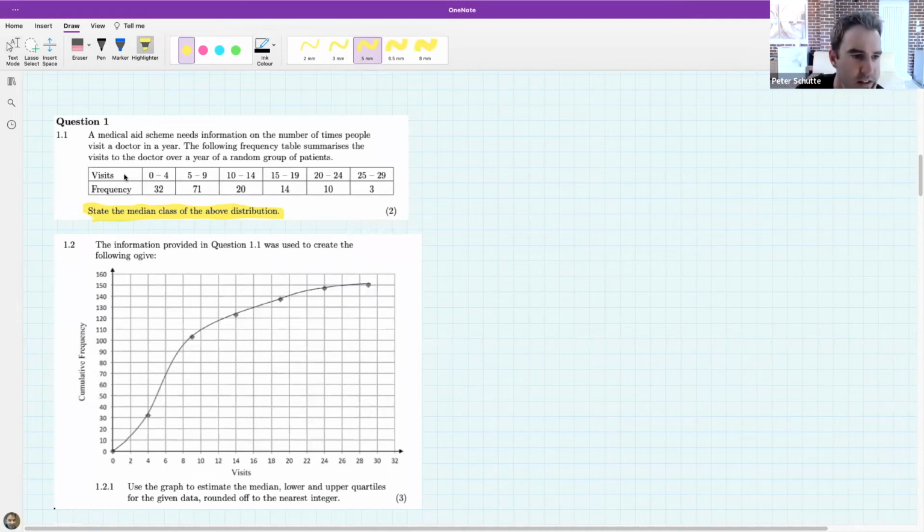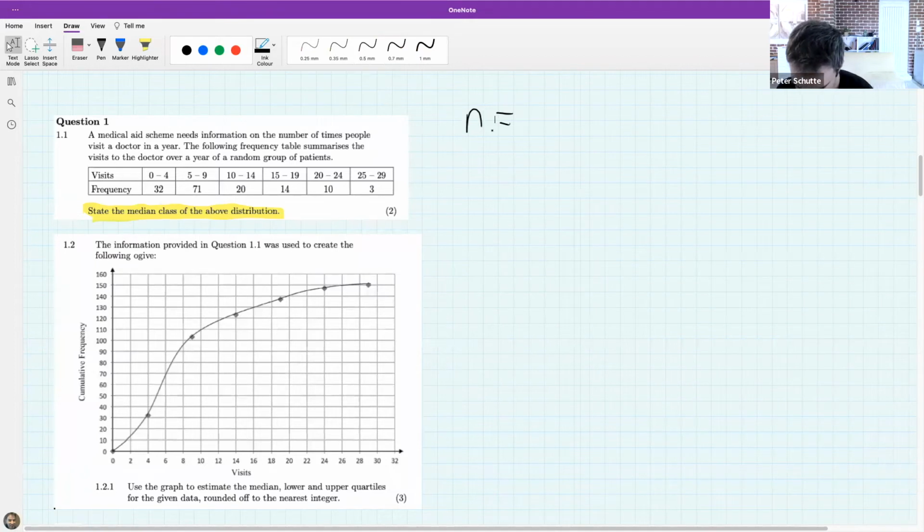In order to find the median class, I'm going to have to get the n value, like how many items of data are involved. I'm actually going to have to add up the frequency column to do that. So I get n of 150, or a cumulative frequency of 150.